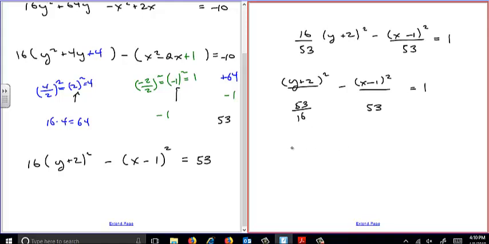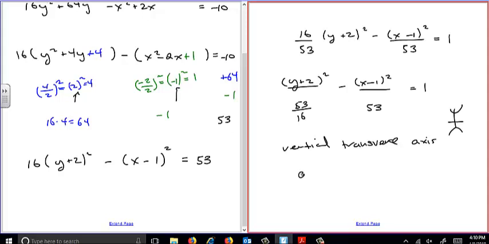So we have a vertical transverse axis instead of a horizontal. So now it's going to look this way, go this way.